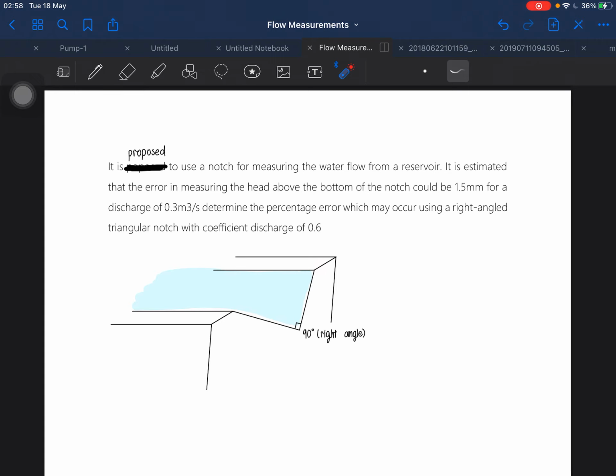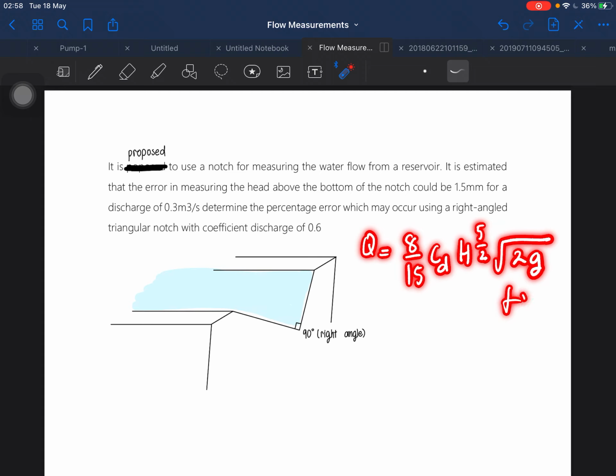So why did they tell us it is a right angle? Because we need to use it, right? So alpha is equal to 90 degrees. In this case, we're going to use this formula. Here I'm not writing in pen because I know that I will be continuing in the next video, so stay tuned. So Q equals 8 over 15 C_D H to the 5 over 2 times square root of 2g tangent of alpha over 2.